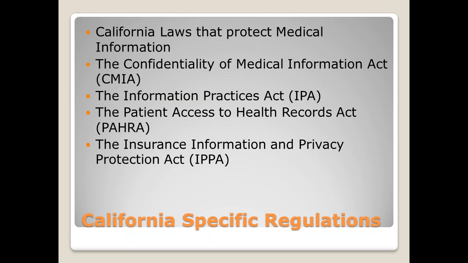You might even have local county regulations that your county has imposed. The point being, we have to follow all these different regulations. The rule is you have to follow the one that is the strictest. The most strict rule trumps everything else. Doesn't mean you don't have to follow the other one, but in terms of HIPAA, if you have a state rule that's a little bit more strict, you have to look at that.